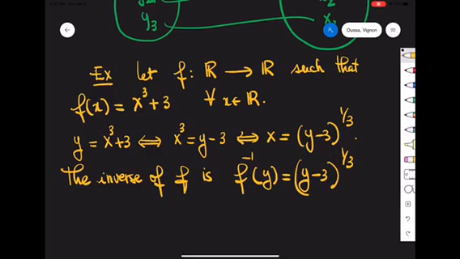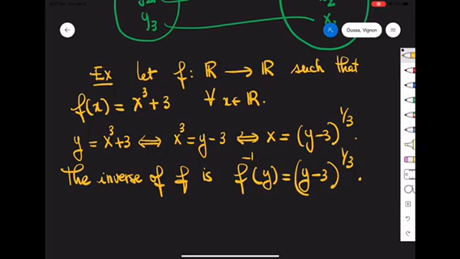The only reason this was possible is because we started with a function which was in fact injective. It's bijective because its domain, its codomain, and its range are the same. So we started with a function which was bijective, and that's the reason why we're able to compute the inverse of the function.